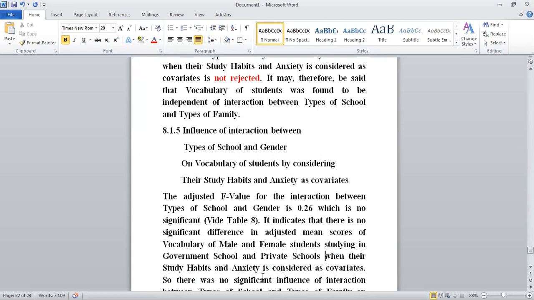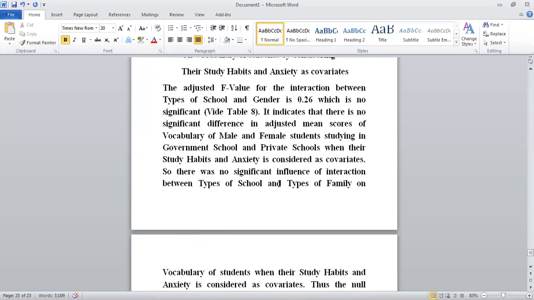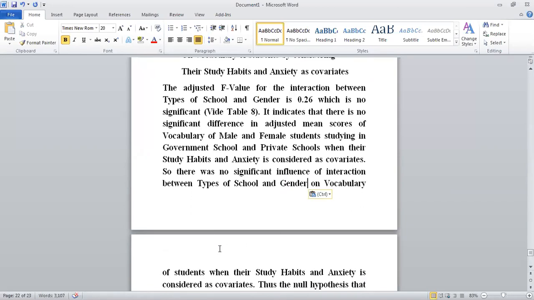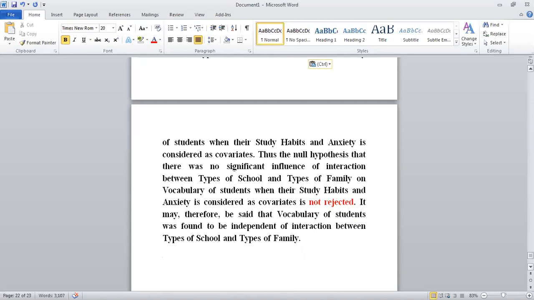So there was no significant influence of interaction between types of school and gender on vocabulary of students when their study habit and anxiety is considered as covariates.